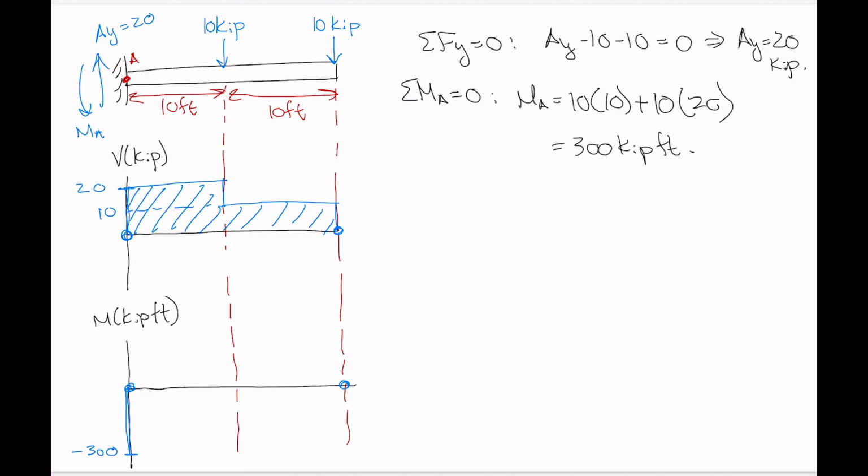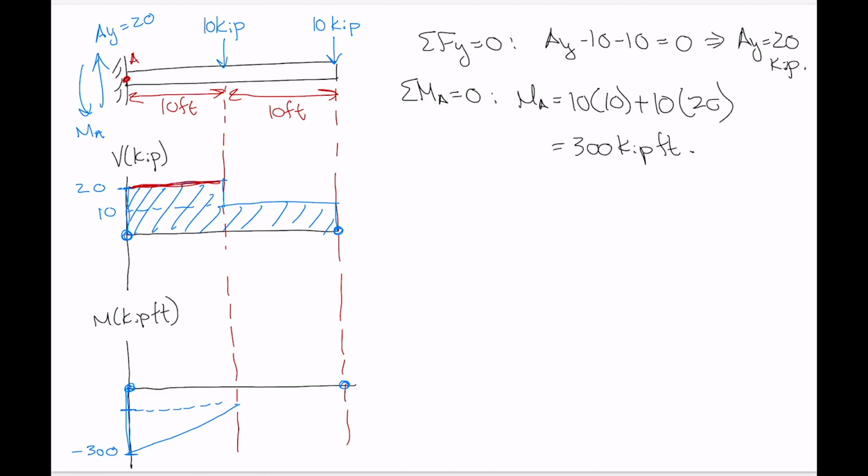In this first section, the value of the shear is a constant value of plus 20. So the slope of the moment diagram has to be a linear line with a positive slope of 20. There we go.